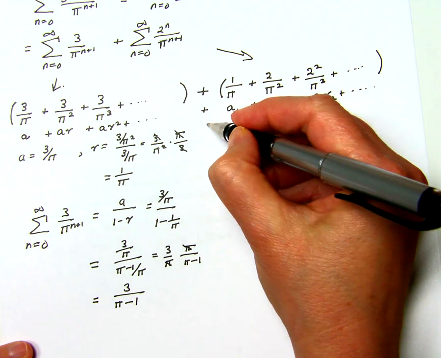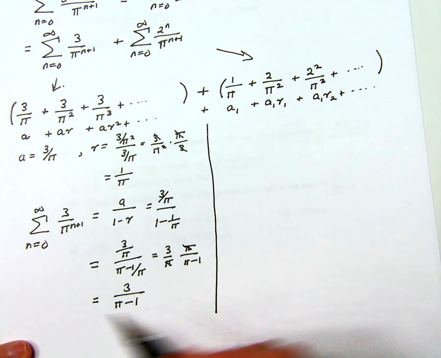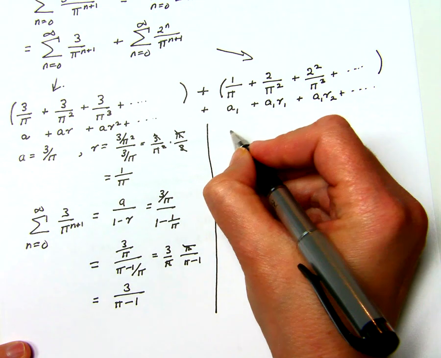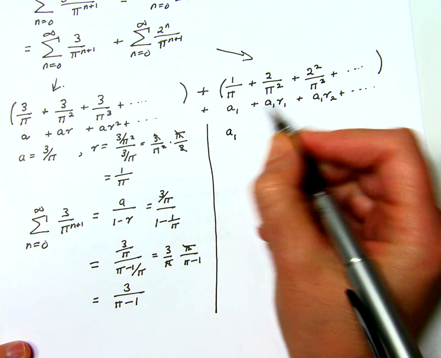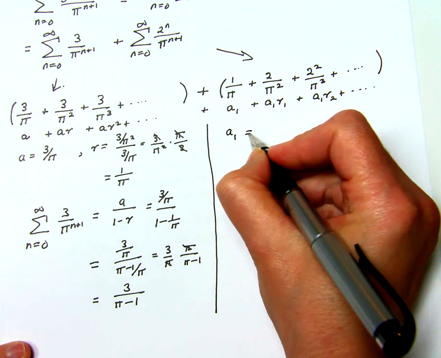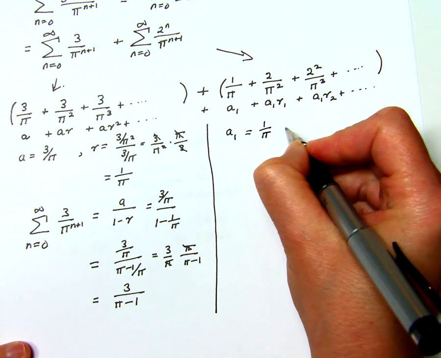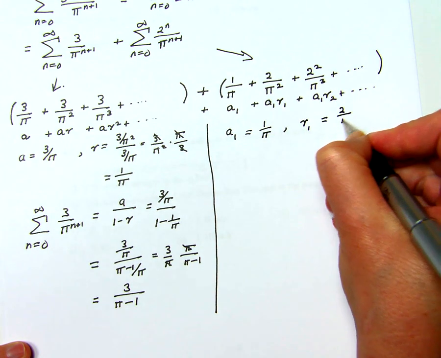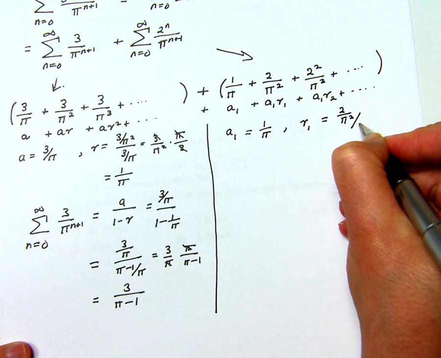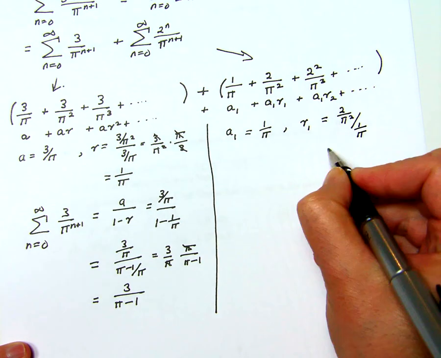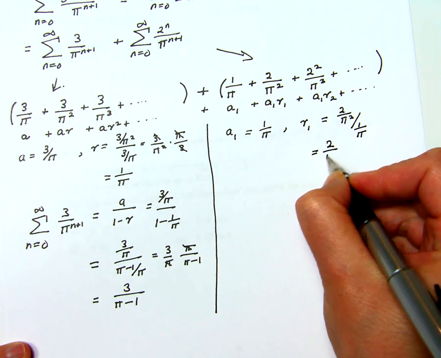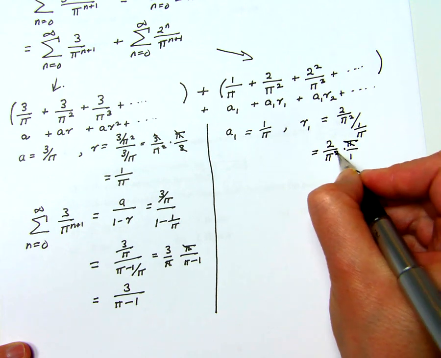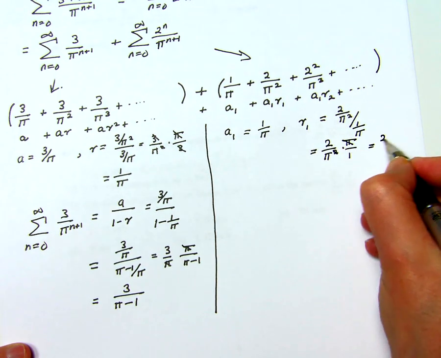Now this second series, so that's my first part. Here I have to identify the a1, which is the first term, which is 1 over pi, and the r1 here is the second term divided by the first. And that is equal to 2 over pi squared times pi over 1, and that's equal to 2 over pi.